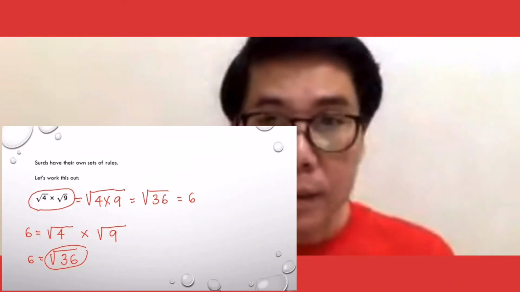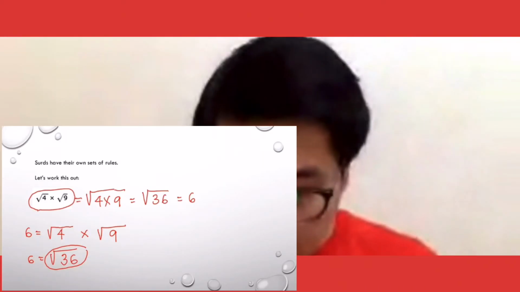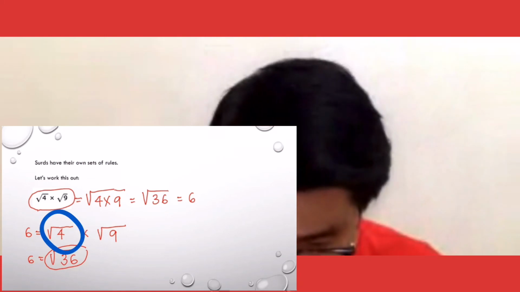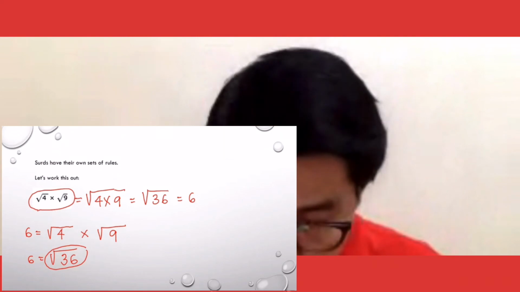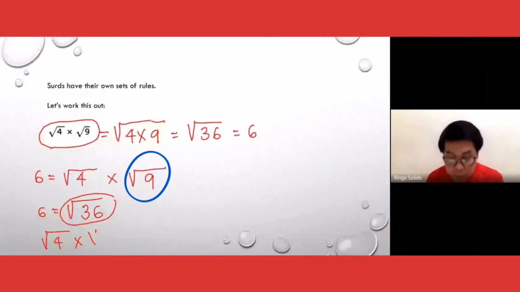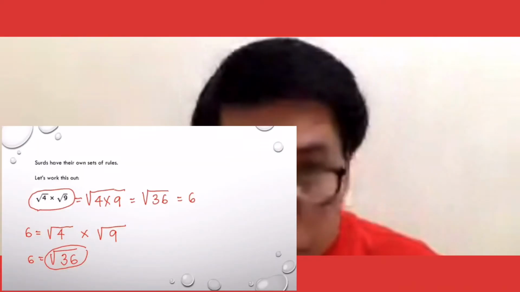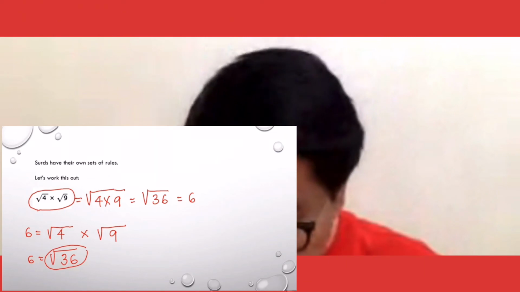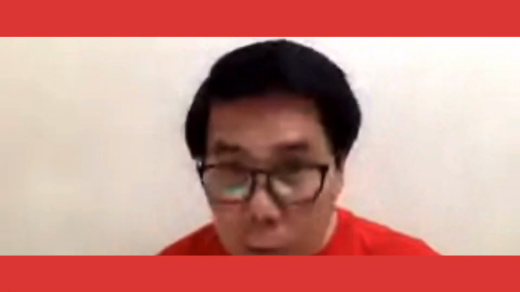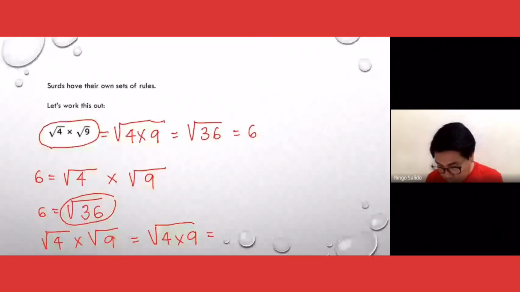So we can say that the square root of 4 times the square root of 9 is equal to the square root of 4 times 9, which is also equal to the square root of 36.